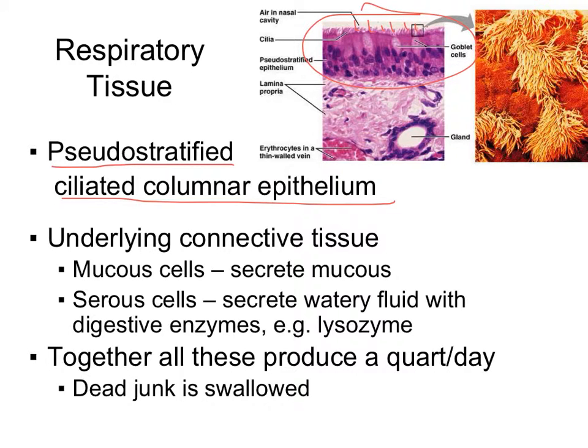an open space. And so what happens is these goblet cells are some of the cells that create mucus, and mucus helps to trap impurities.